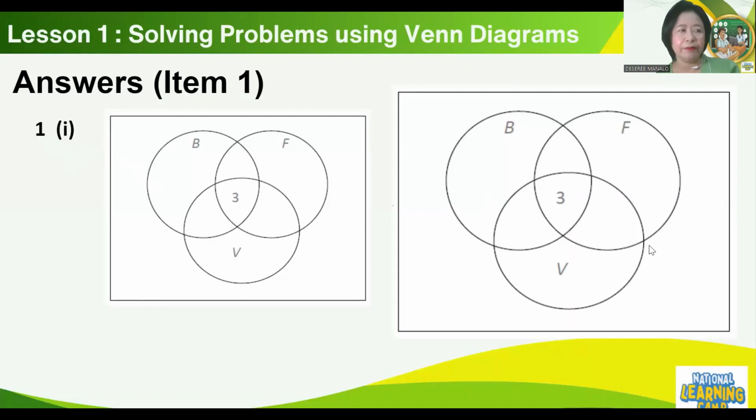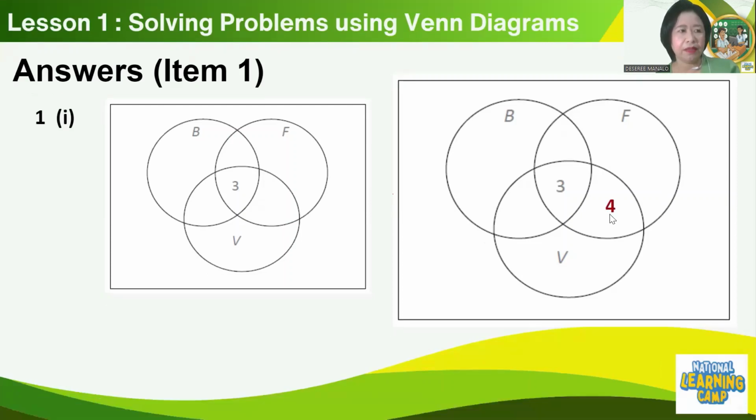It is said 15 play volleyball, 4 play football and volleyball. So here is the set of football and then volleyball. And this is the intersection of football and volleyball. So it is said 4 play football and volleyball.